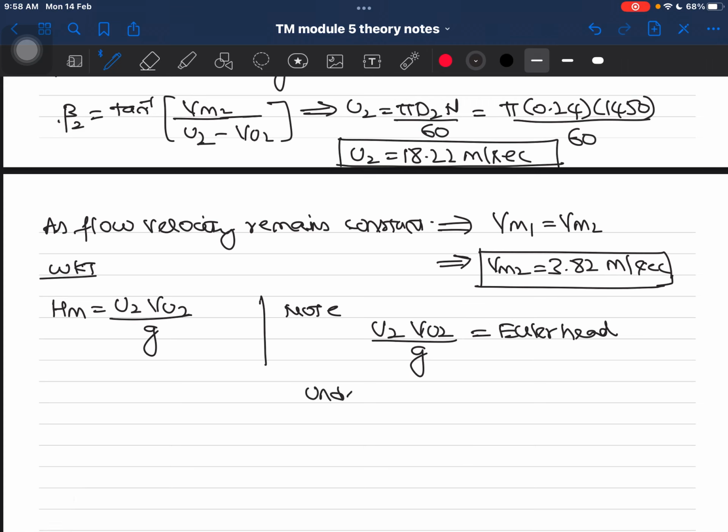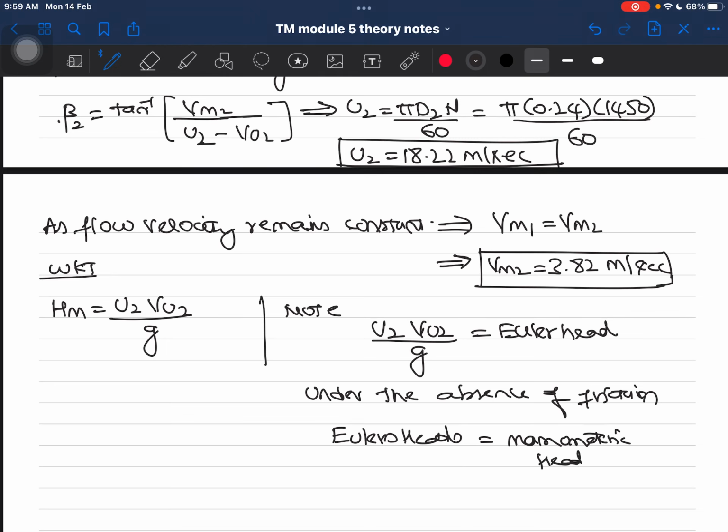Hence, in the absence of friction, we can consider that Euler's head would be equal to the manometric head.